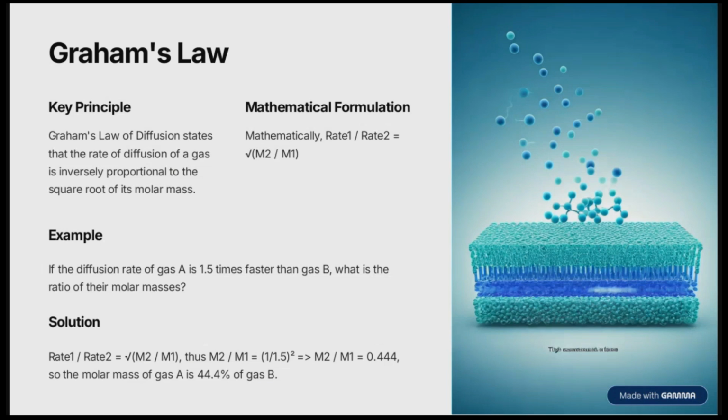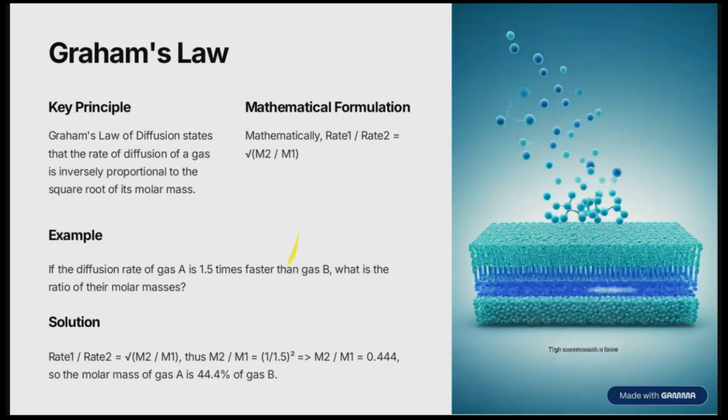So you can just assume that your R1 is 1, or you can cancel that R1 because you'll be having R1 over R2, where R2 is equal to 1.5 R1.